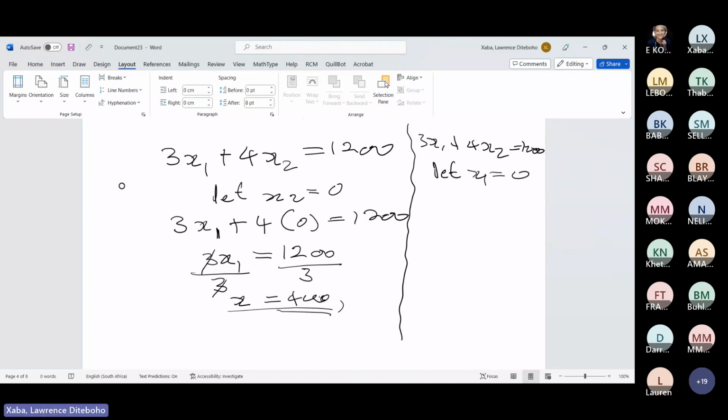So this will fall off. We end up having 4x2 equals to 1,200. So we divide both sides by 4.